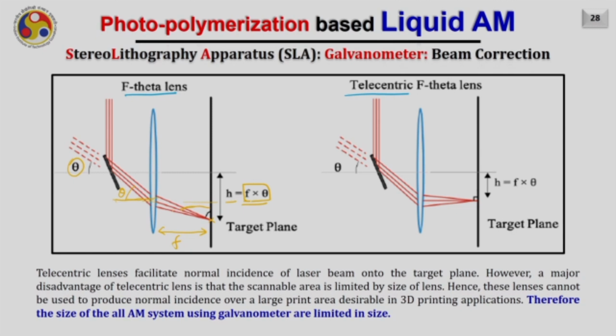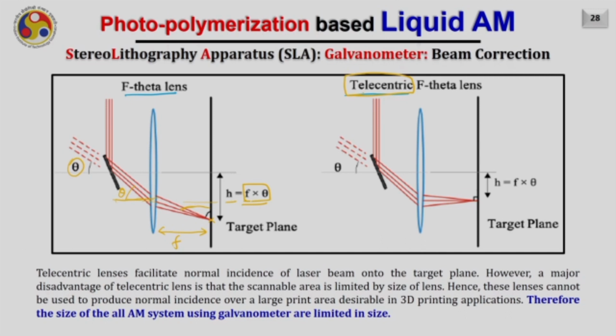This is not acceptable, because we have seen two major issues. One, the shape of the laser beam striking on the flat plate changes from circular to ellipse, and also, due to the incidence of the beam at an angle, the absorption of the energy reduces by cos theta. Therefore the solution is to use a telecentric f theta lens.